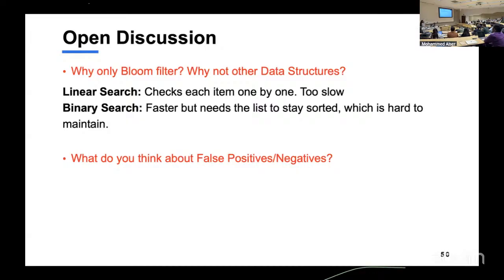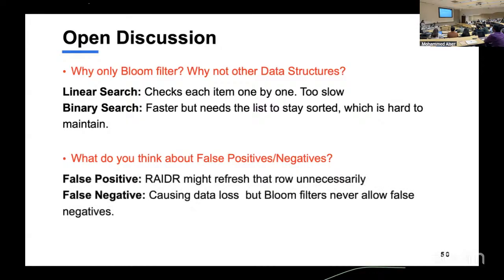What is the scenario that I explained? Yes, exactly, that's correct. If we have more false positives, it doesn't affect anything. But if we have false negatives, we might miss some of the refreshes, so it can cause an issue.